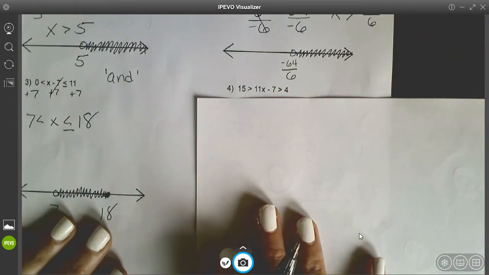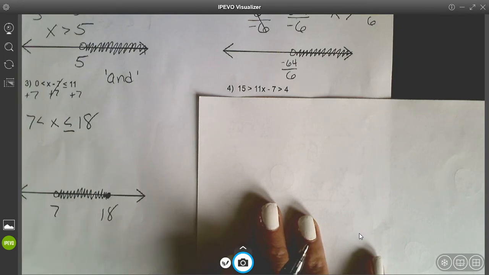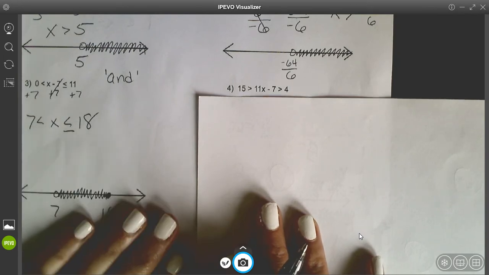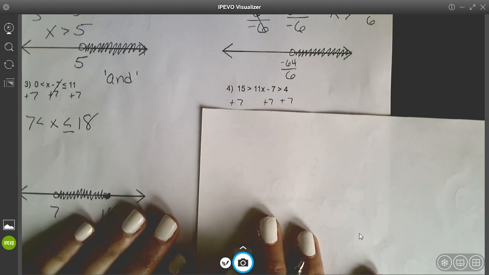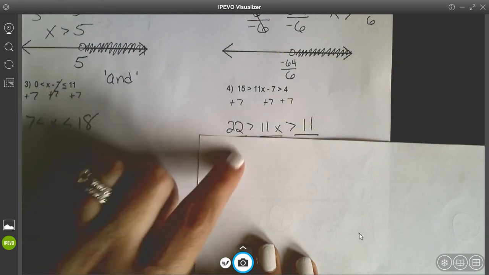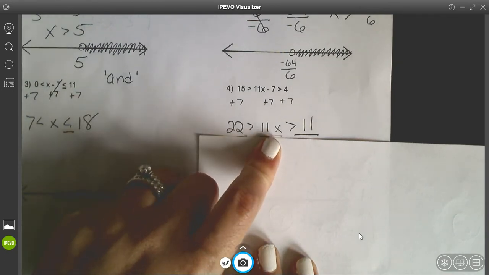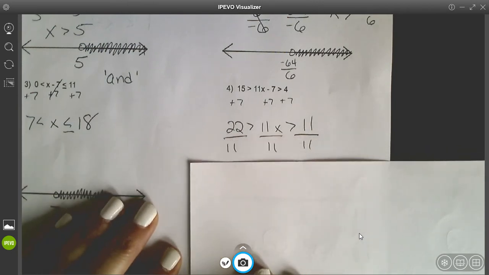So look at number 4, and I'm going to give you a moment to try it. So you should have added 7 to all 3 sides first to get 22. And then the 7 goes away in the middle, and I'm left with 11x, and then 11 over here. And then divide everything by 11.